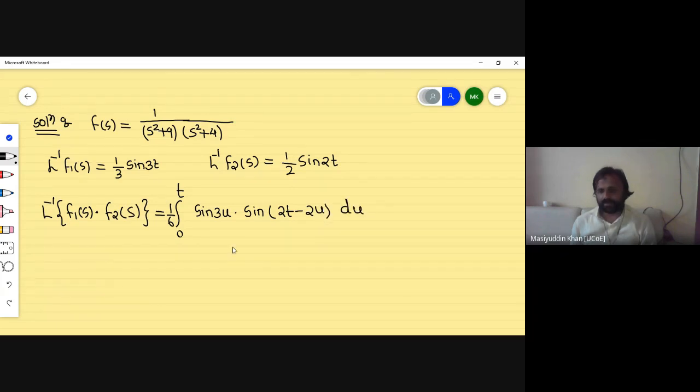Hope everyone is aware about what exactly we are applying here. And at the end we have to multiply and divide by 2 because of the factorization formula. So 1 by 12 integral 0 to t, 2 into sine of a into sine of b.